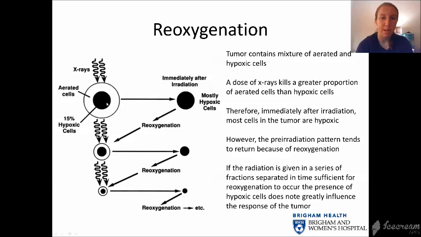It'll interact with the aerated cells, and then it'll remove them, and basically you'll be stuck with the hypoxic cells immediately after radiation. But then the reoxygenation will occur, and you'll see that this tumor will have oxygenated cells on its surface again. So if you hit it with radiation, you'll kill those cells, and this tumor will eventually get smaller and smaller. So fractionation actually allows the tumor to reoxygenate, and it has a great influence on tumor response.